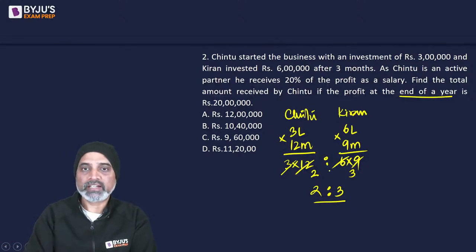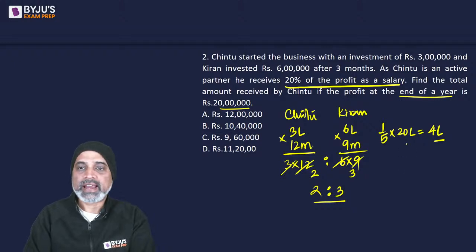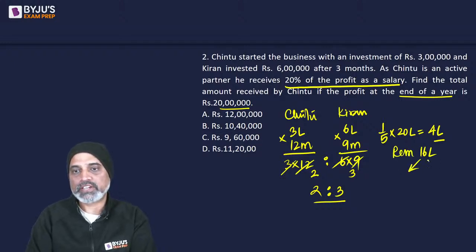But before that, 20% of the profit is first of all given to Chintu. So 20% means 1/5 of this 20 lakh profit, which is going to be 4 lakh, that is given to Chintu. And then the remaining 16 lakhs is divided in the ratio 2:3 between Chintu and Kiran.